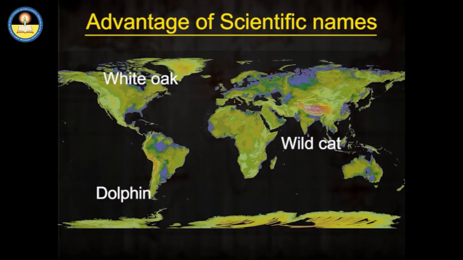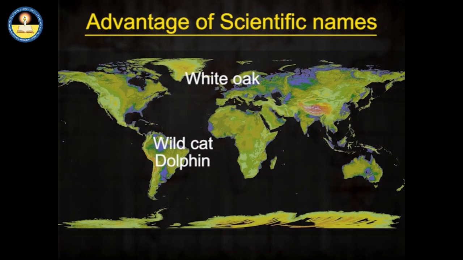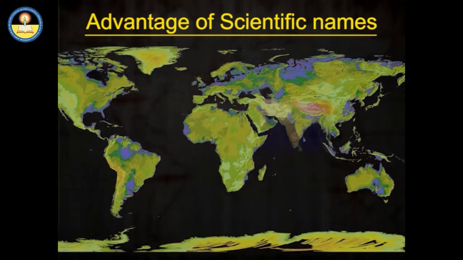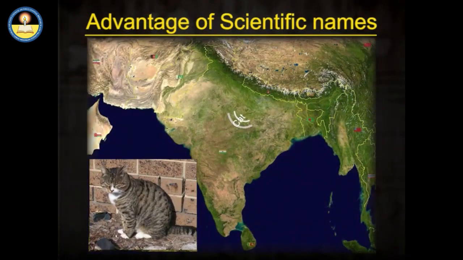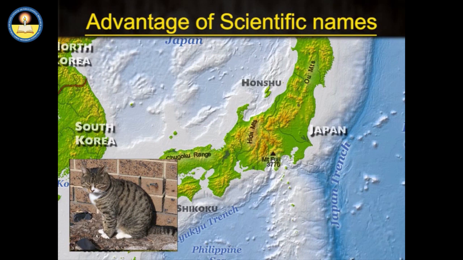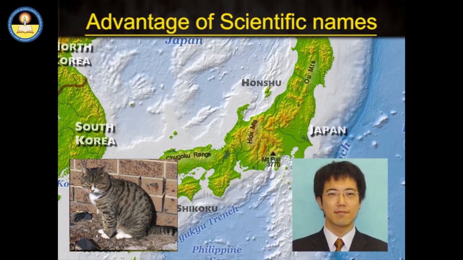But it becomes difficult as soon as that name crosses the boundary of that community. In India, you call a cat as cat. But if you are in Japan and call it cat, nobody would understand. However, if you were to tell a Japanese scientist Felis catus, he would understand what organism you are talking about.